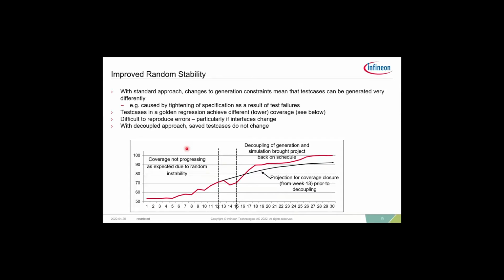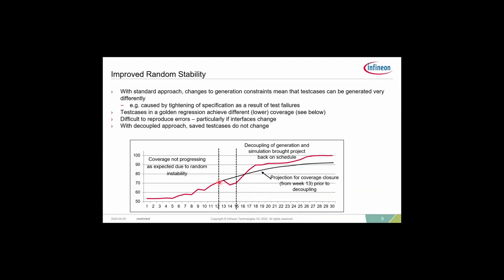The graph at the bottom here was behavior which we observed on a real project. During the first part of the project, the coverage wasn't progressing as we expected, and the analysis led us to the fact it was exactly due to random instability, and the projection was that we weren't going to close coverage on schedule.